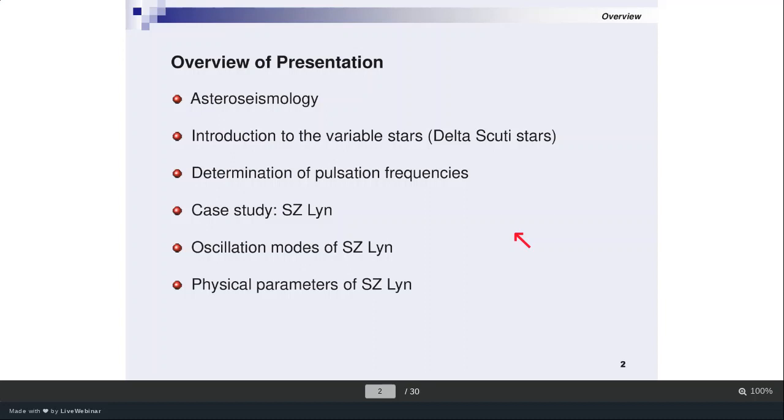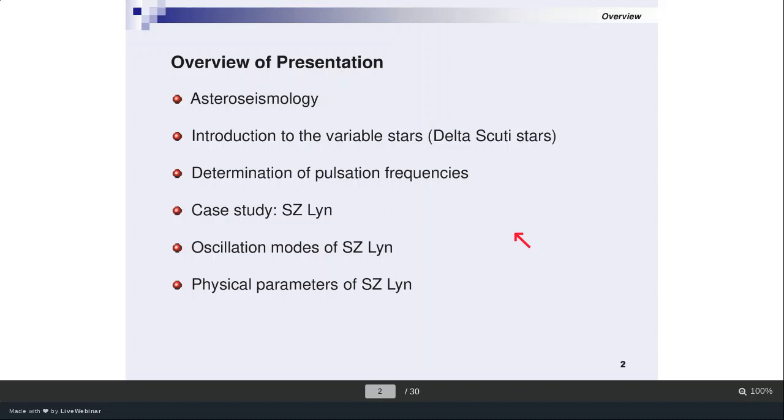This asteroseismology can be applied to different types of stars, but I just selected Delta Scuti type stars. This is a particular type of variable star, so I'm focusing on that. I will give some idea about what a Delta Scuti star is, and then the determination of pulsation frequencies.